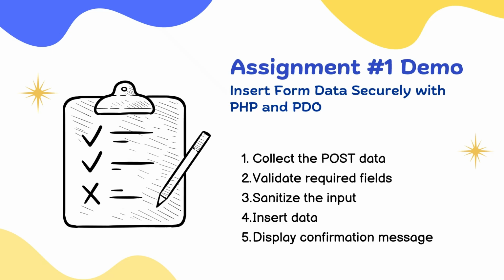In Module 6, our submit_form.php file only displayed the submitted values on the screen so that we could verify that the form and PHP were communicating correctly. Now we're going to upgrade that file so that it actually stores the data in the database. And for this demo, I'm going to be continuing with the volunteer form and the volunteer table from the previous module's demo.